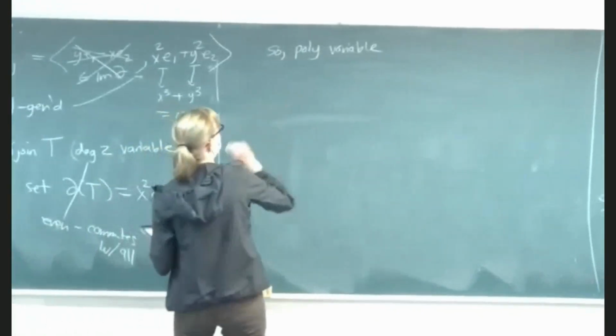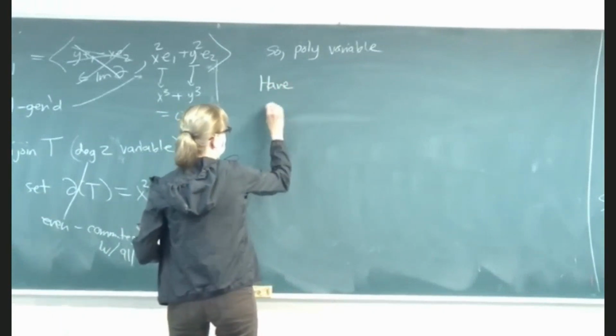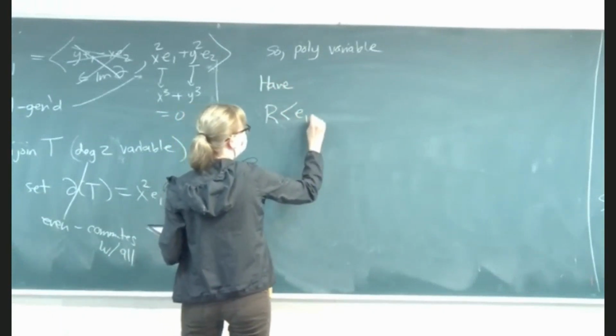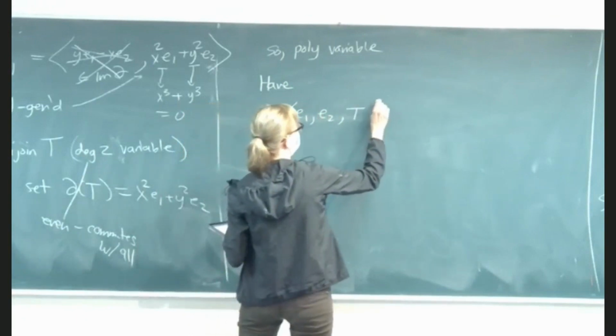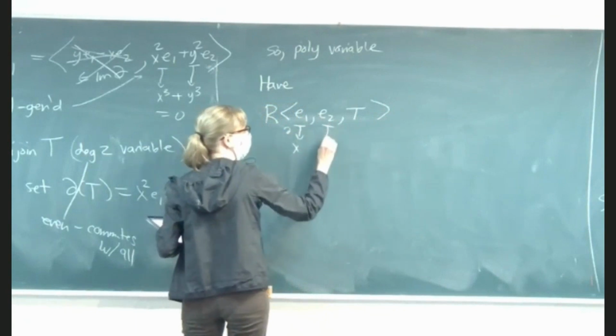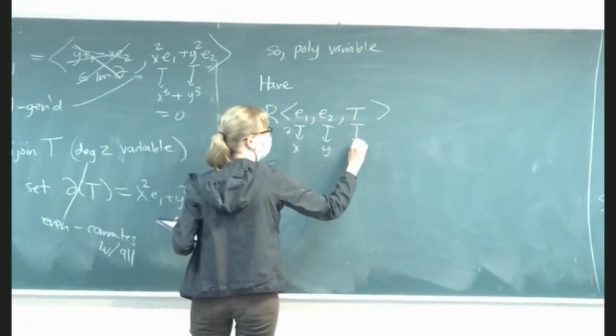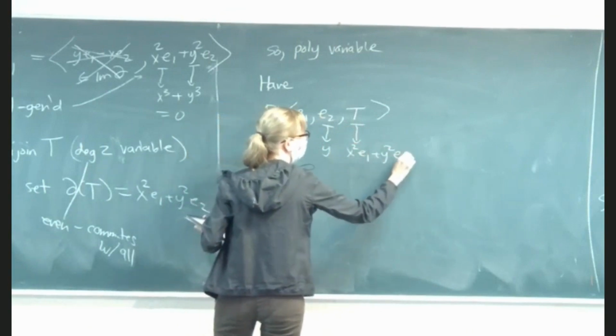So let's write down what we have. So we have R. We adjoined E1, E2, and T. Okay? And I'm lazy, so I'm just going to write this goes to x under the boundary map. This goes to y. And this goes to x squared E1 plus y squared E2.